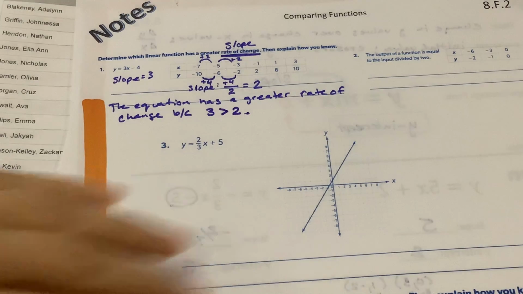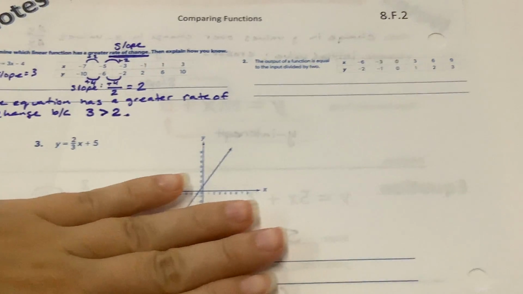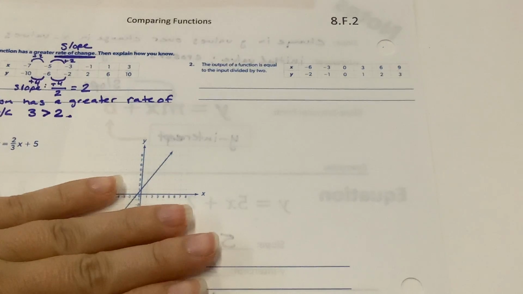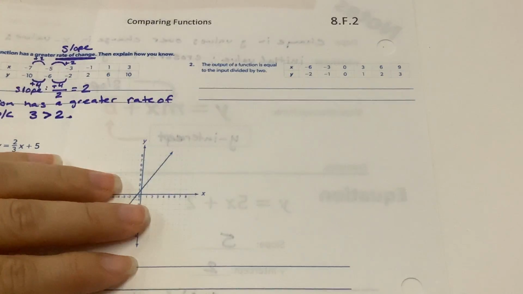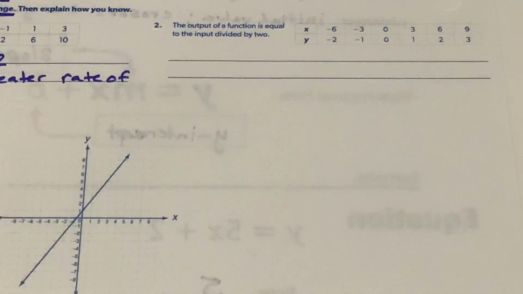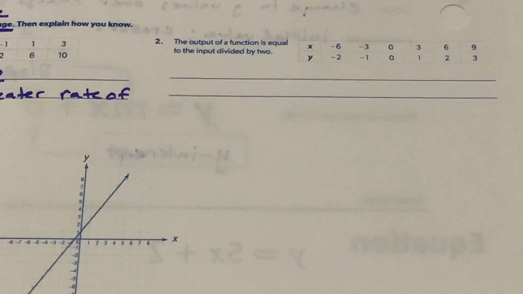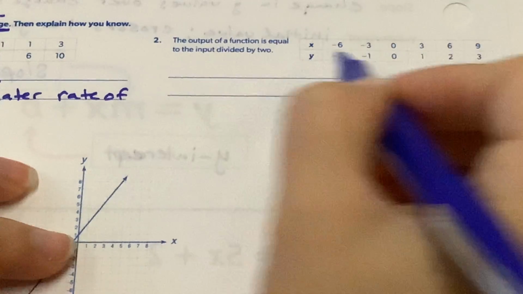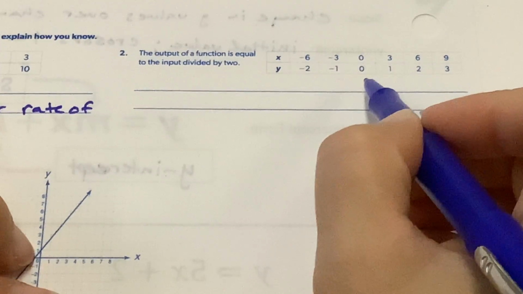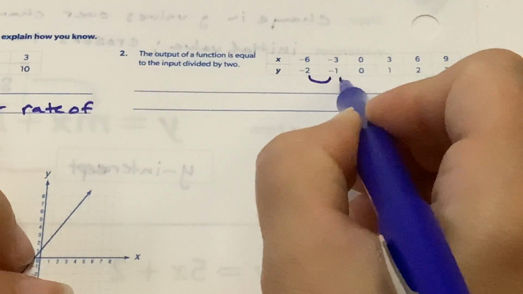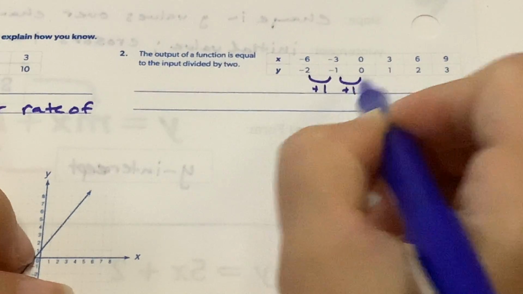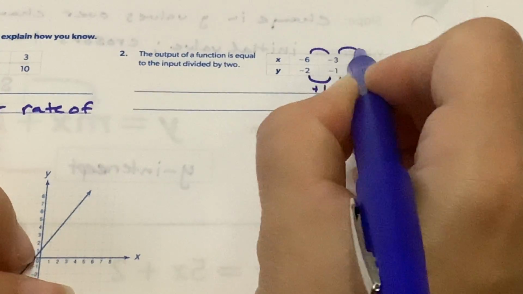All right, number 2. Let's look at this. The output of a function is equal to the input divided by 2. So they're saying that the rule is to divide by 2. And on this one, how are the values changing? How are the y values changing? They're adding 1. How are the x values changing?